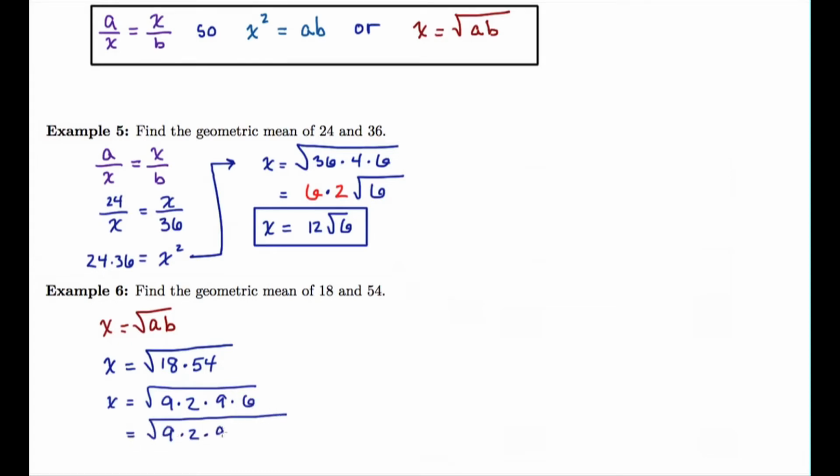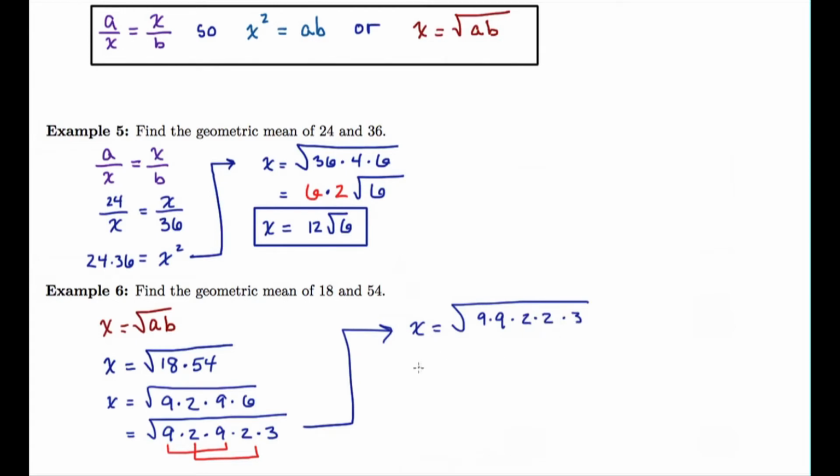So 9 times 2 times 9 times 2 times 3. The 9s and the 2s are pairs, so they can come out of the square root. And I'll just rearrange the order here. So you can see 9 times 9 is 81. The square root of 81 is 9. 2 times 2 is 4. The square root of 4 is 2. So my final answer is 18 root 3.